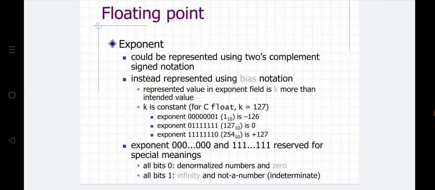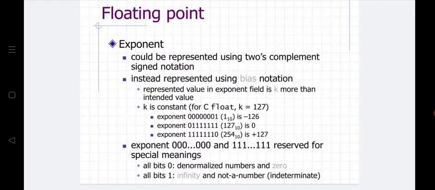The value of the k constant is 127. Now if my exponent is 1, it is 1 minus 127, so the value is minus 126. I should represent minus 126 in my exponent, not as 1.